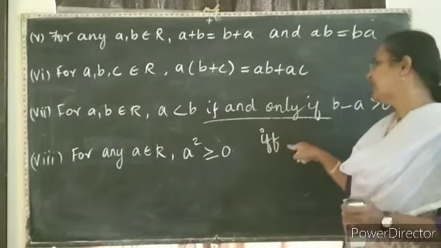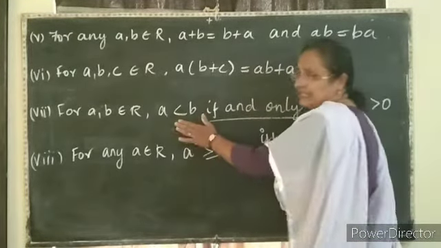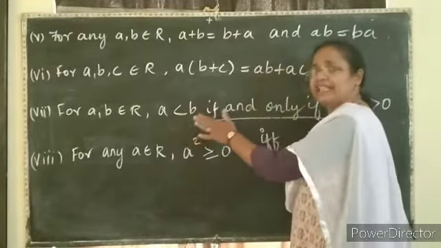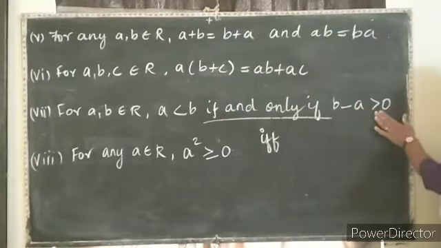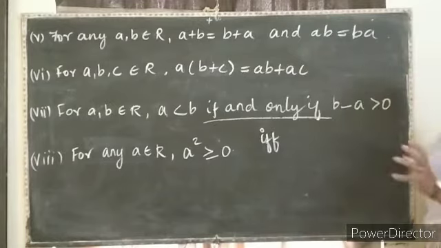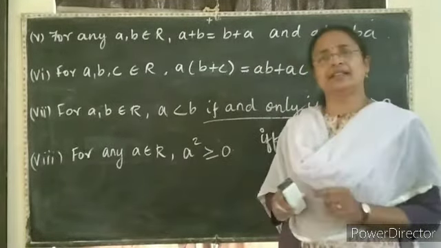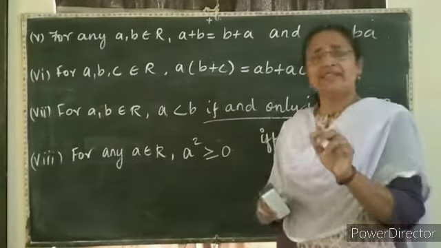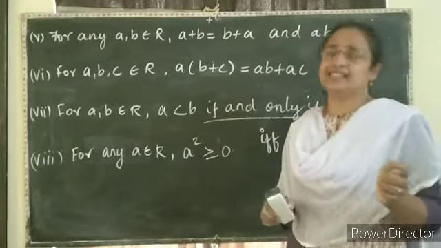So what does this mean? If and only if this condition is satisfied, if a is less than b, automatically b minus a is greater than 0, simultaneously. Now for example, now you are in 11th standard, isn't it? It means already you have passed your 10th standard.